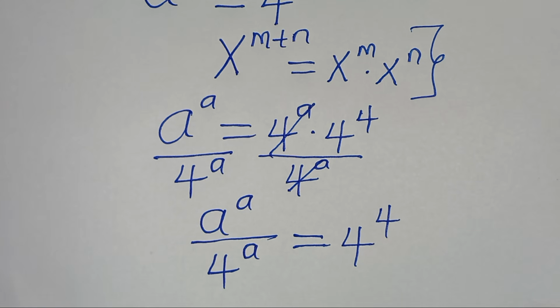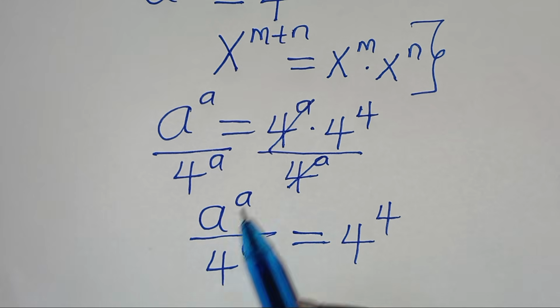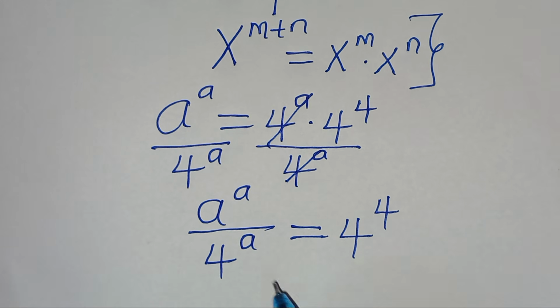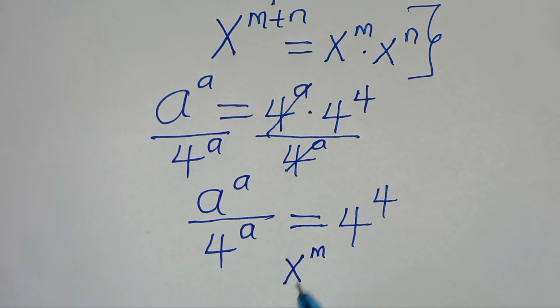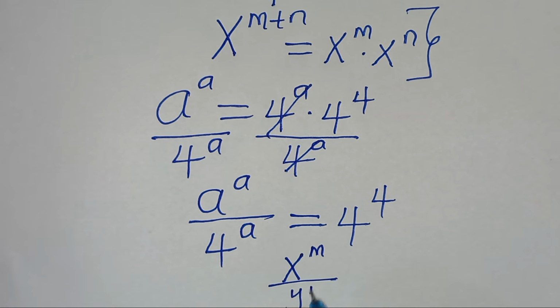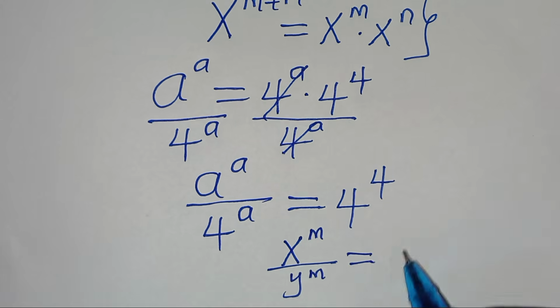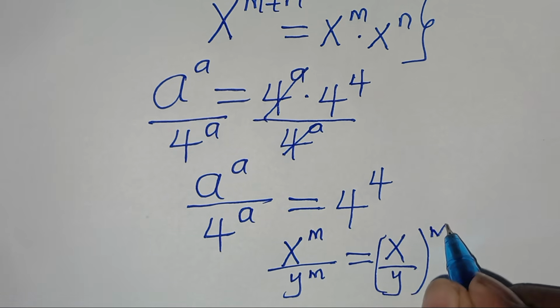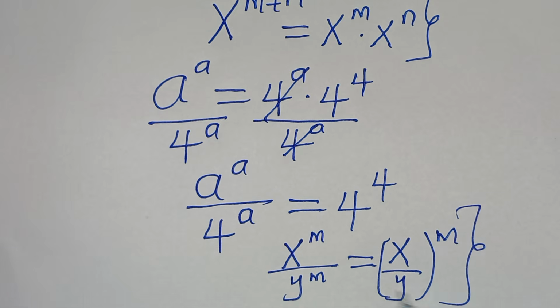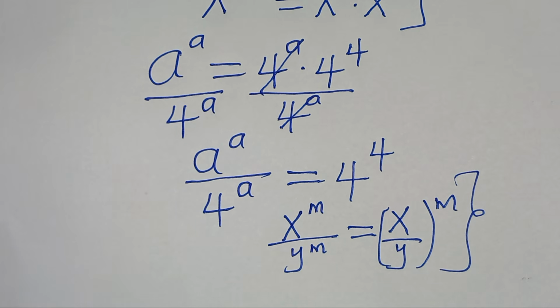Now, the next step from here, we have that a to the power of a divided by 4 to the power of a is in the form of x raised to the power of m divided by y to the power of m, which we can express as x over y raised to the power of m. So let's apply this exponent property.